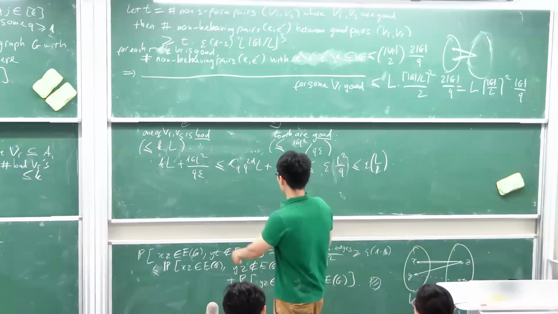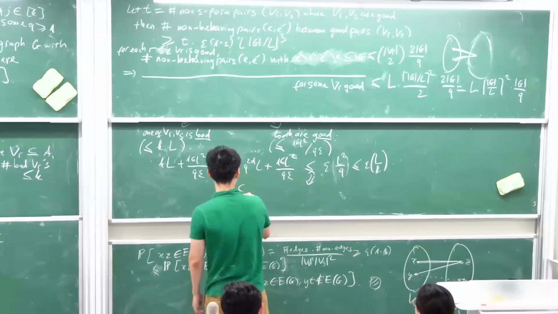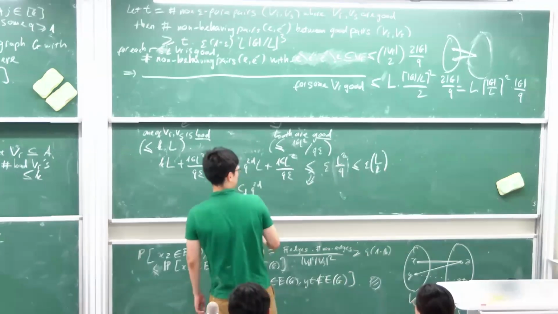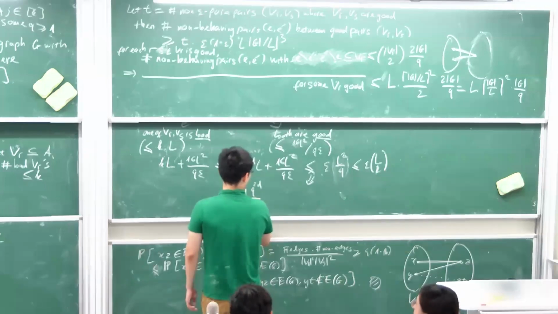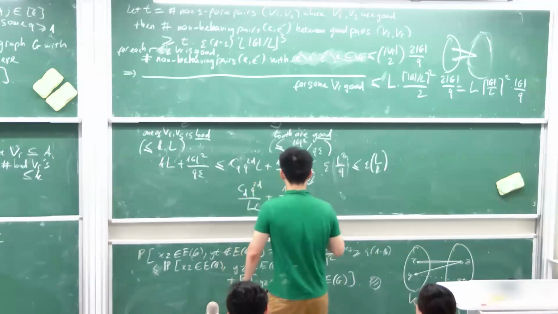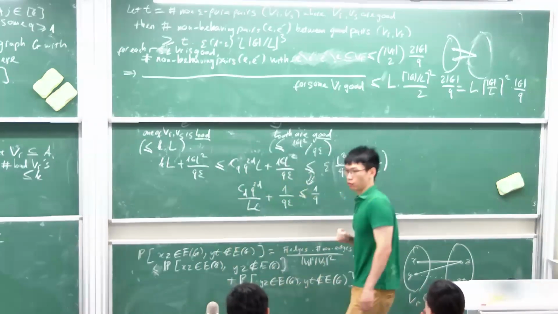This inequality is equivalent to C_D times Q to the 2D divided by L epsilon plus 1 over Q epsilon is at most 1/4.